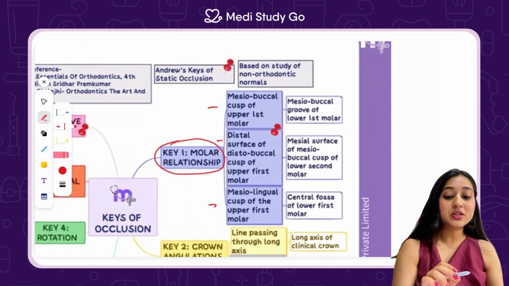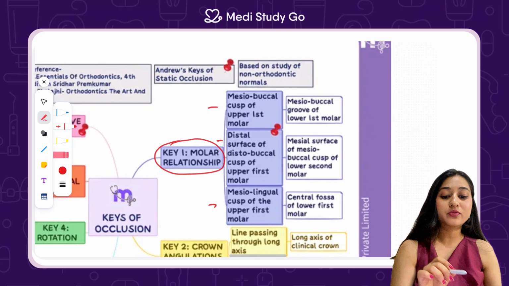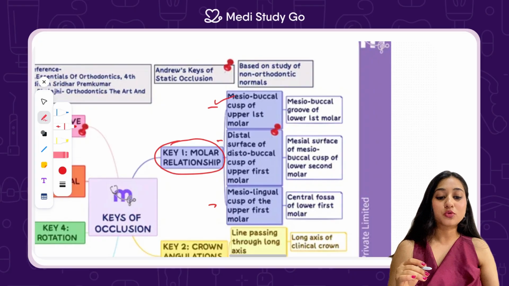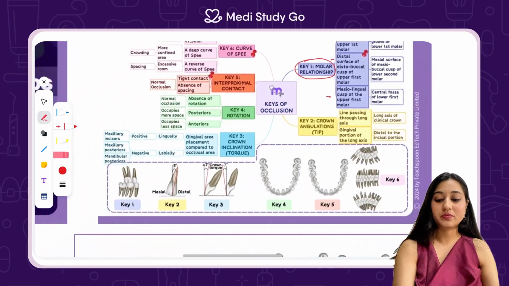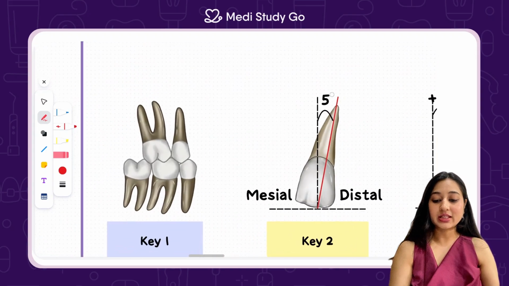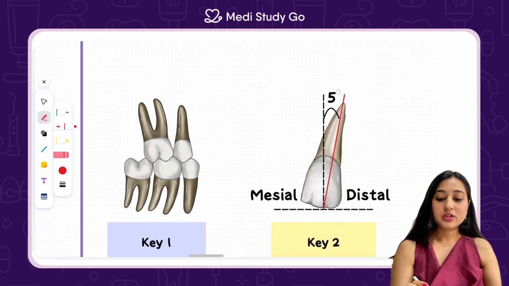The first is that the mesiobuccal cusp of the upper first molar should occlude with the mesiobuccal groove of the lower first molar. So this is the example of the lower first and the upper first molars. In the upper first molar, this is the mesiobuccal cusp.